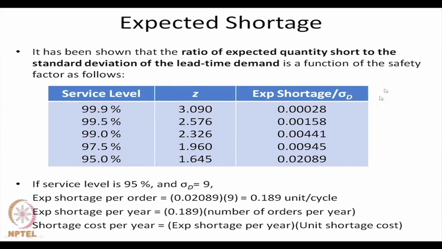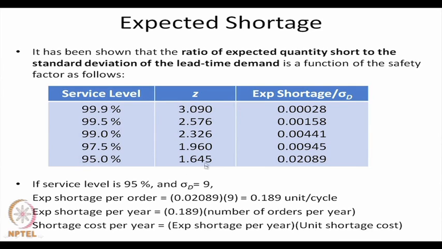Now, without deriving the formula, we are showing results that have been arrived at by various researchers. They have shown that the ratio of expected quantity short, the number of items short, to the standard deviation of the lead time demand is a function of the safety factor Z, and they have given tables such as this under the assumptions of normal distribution of the lead time demand.